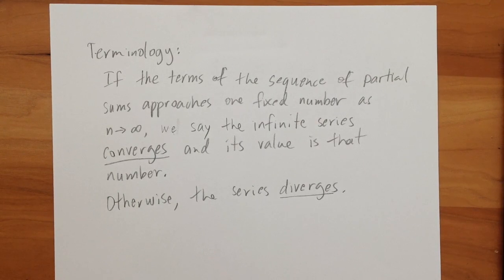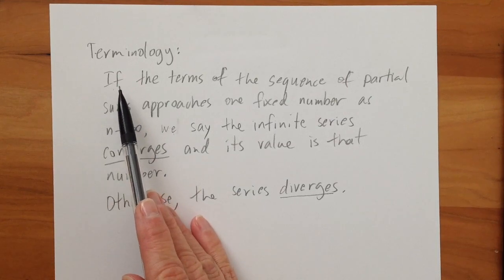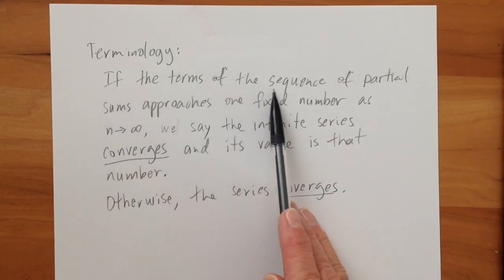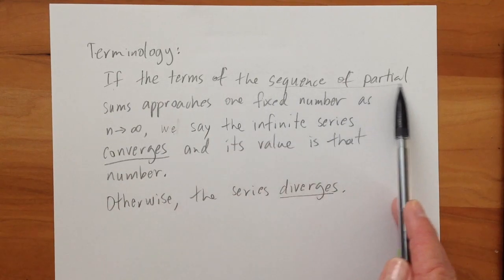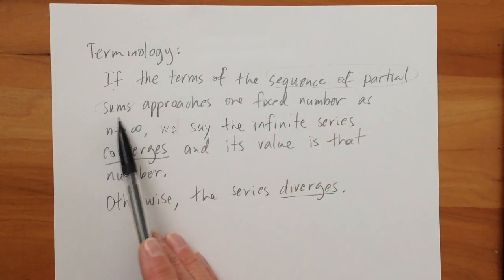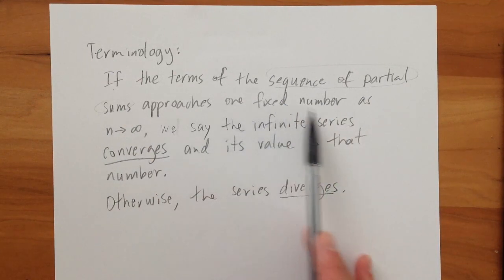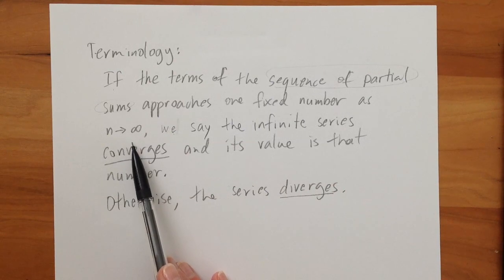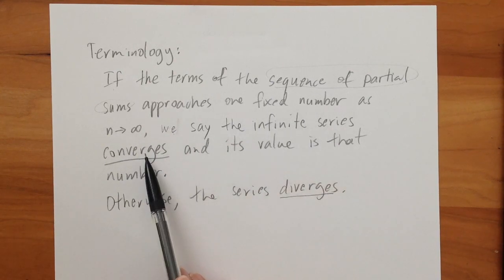Okay, so some terminology here. Just following up on that last example, if you list out the terms of the sequence of partial sums and they approach one fixed number as n goes to infinity, we say the infinite series converges and its value is that number.